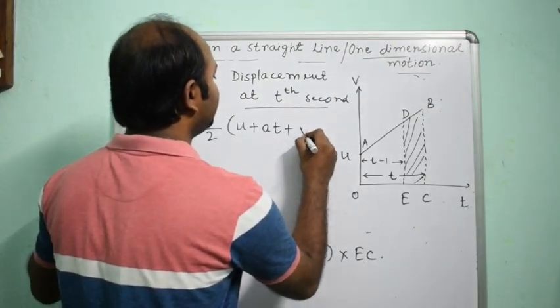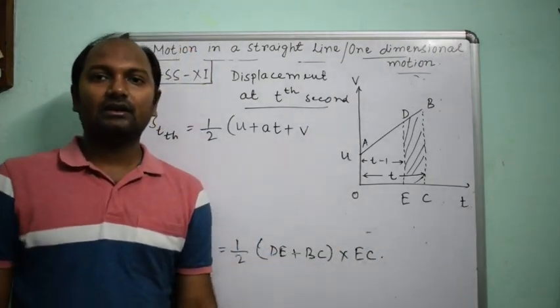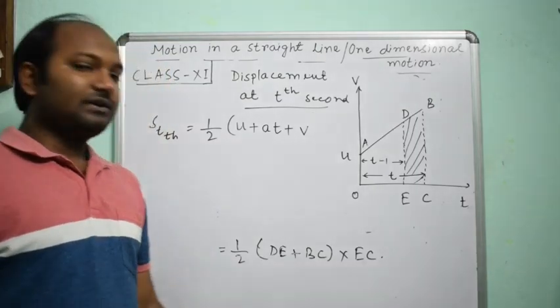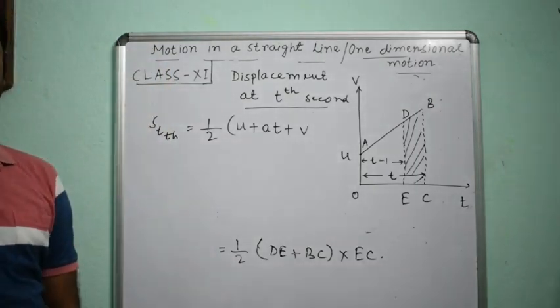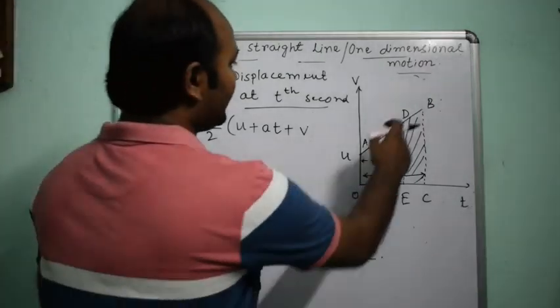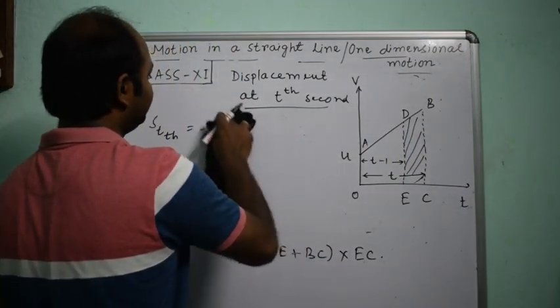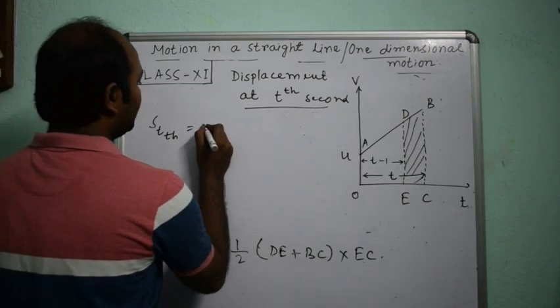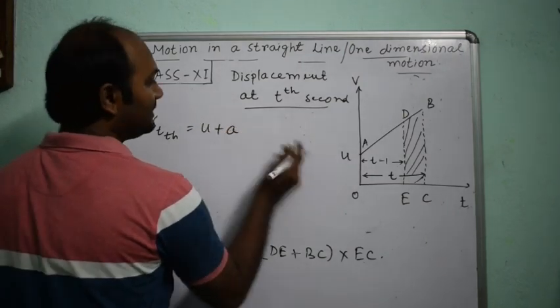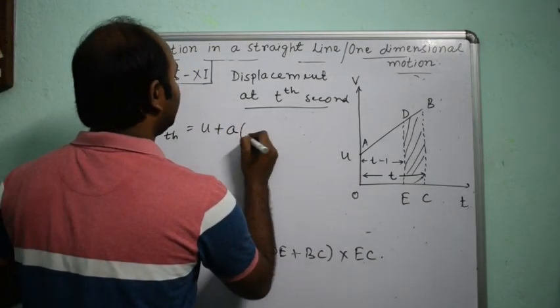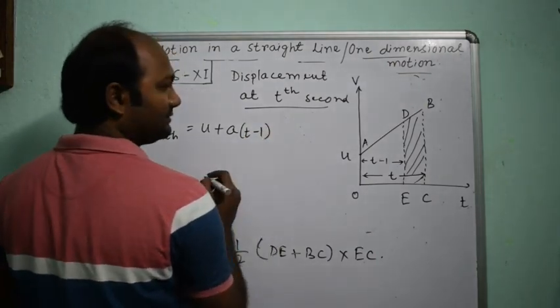BC means v, sorry, in t minus 1 second, u plus a into t minus 1.